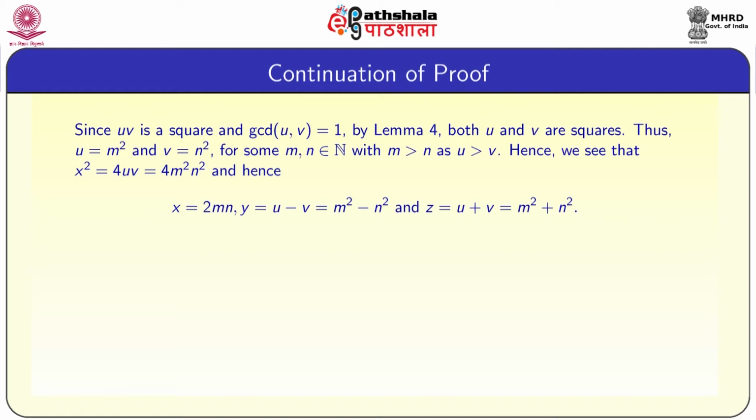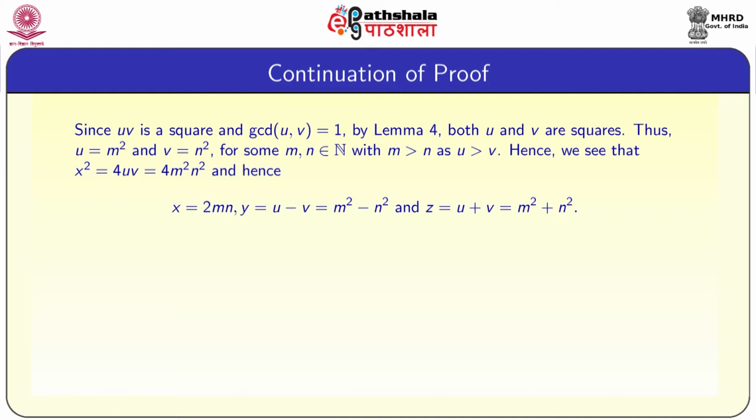Here we are going to introduce m and n. Since u and v are squares and they are integers, u equal to m square and v equal to n square for some m, n belonging to natural numbers. Since u is greater than v, m greater than n is very direct.